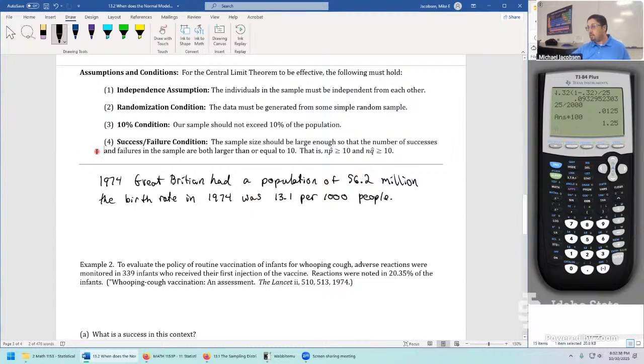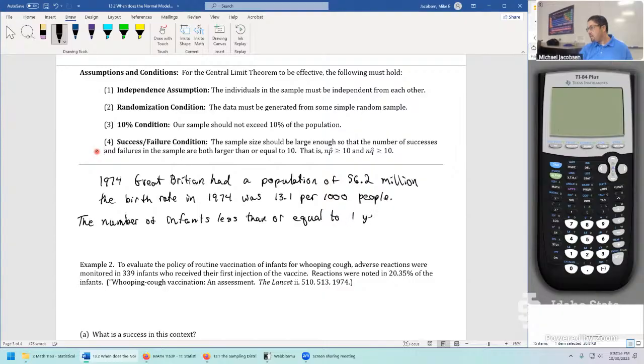So the number of infants less than or equal to 1 year old in 1974 in Great Britain is approximately, and this is our population size, uppercase N.